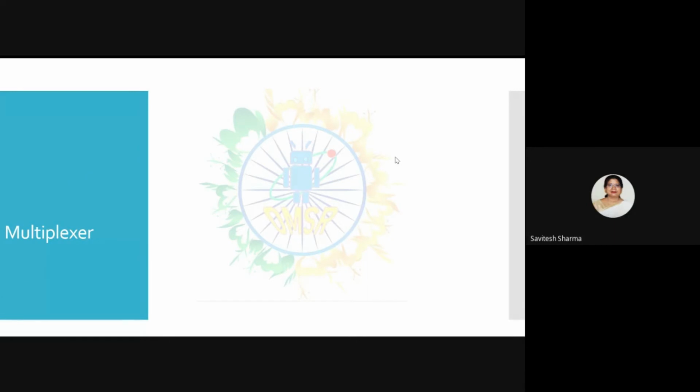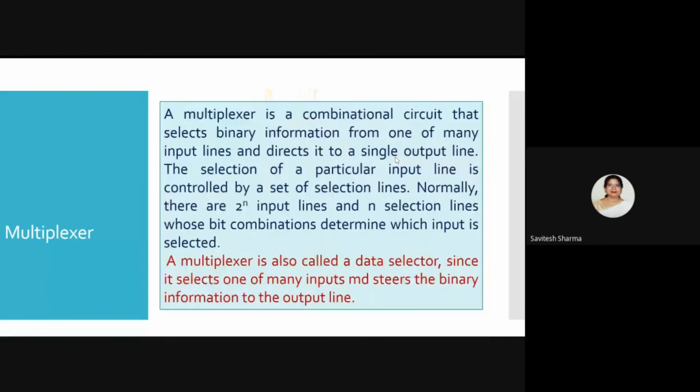So what is a multiplexer? A multiplexer is again a combinational circuit. What is a combinational circuit? A circuit that responds instantaneously with output corresponding to the input. Whatever be the present input available in the logic circuit, it will respond and give you the output instantly.